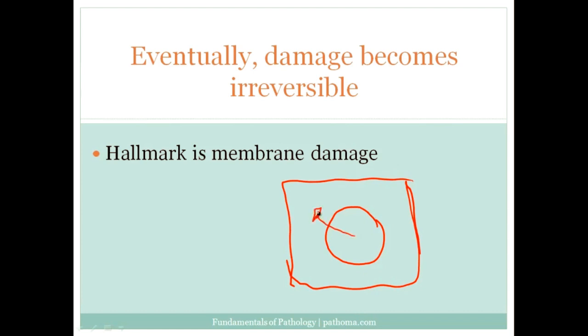Those enzymes are going to start trashing the cell itself. It's going to basically digest the cell. So that would be one problem. And that's only further added to by the fact that calcium has already come into the cell, and calcium is an enzyme activator. So the presence of calcium and lysosomal enzymes within the cytosol becomes a very, very dangerous circumstance, which obviously would be another consequence of irreversible damage.